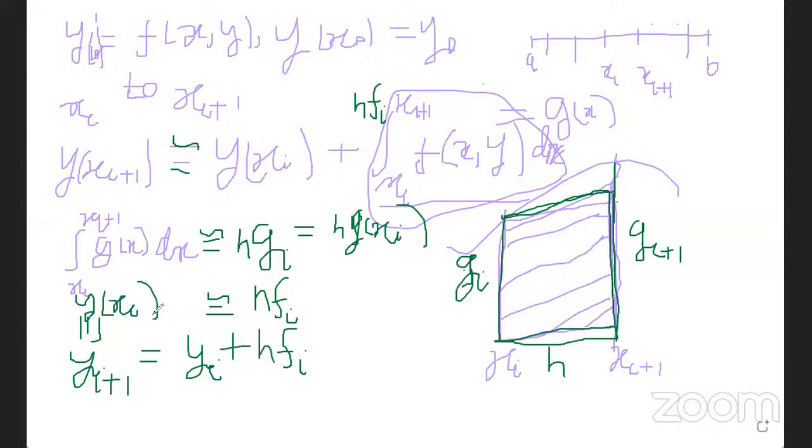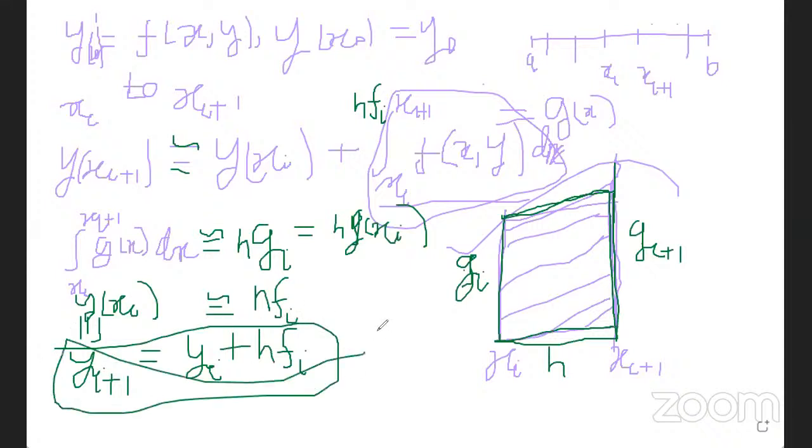This thing is clear. So this formula is known as Euler's forward formula. Am I right?